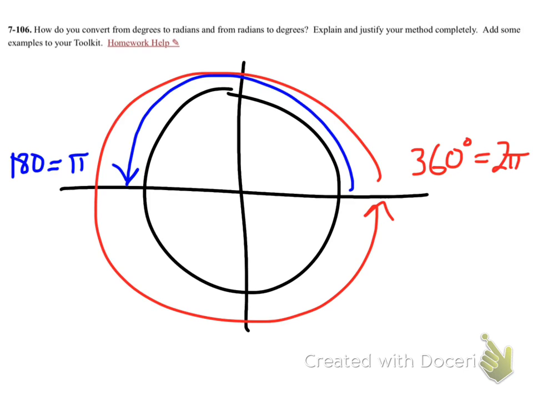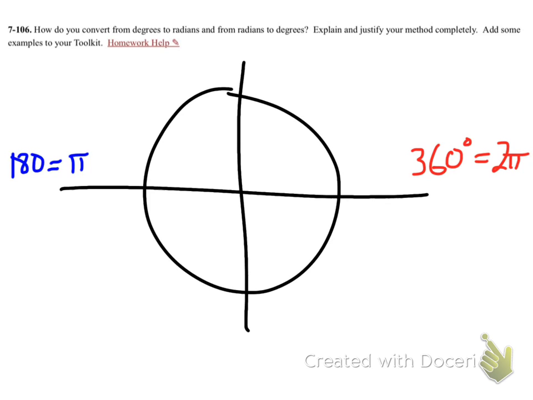As long as we look at that, now I can start thinking about how to convert between the two. So what I'm going to do is take a look at just an example here. Let's say I want to know what is 3 pi over 4.